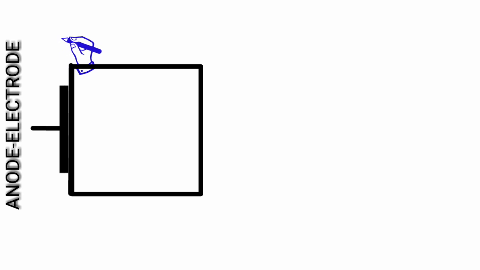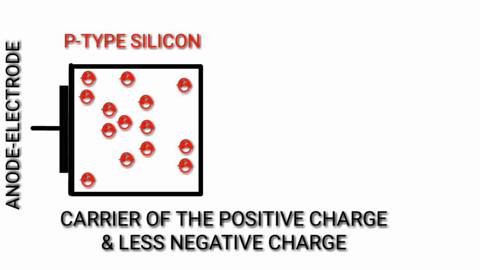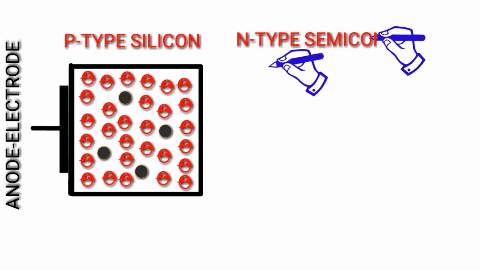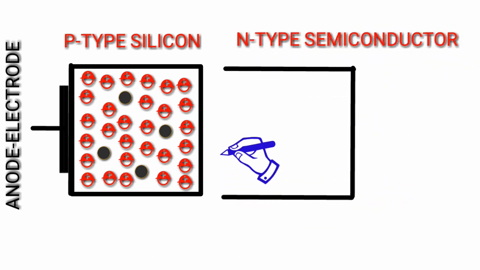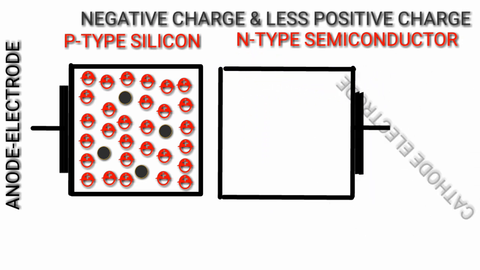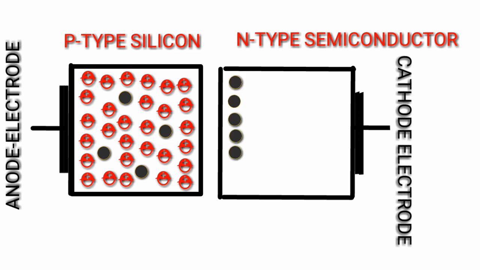The P-type silicon semiconductor carries more positive charge and less negative charge. The N-type silicon semiconductor has more negative charge and less positive charge.